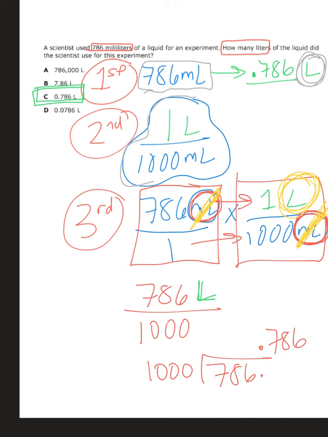We had to find out how many milliliters there are in a liter, right? After we identified that unit rate, then we multiplied the number that we started out with by that unit rate, which you'll see we did here in the third step. And then after that, we just simplified it. But the important part here was that we canceled out the milliliters that were in the numerator and denominator.